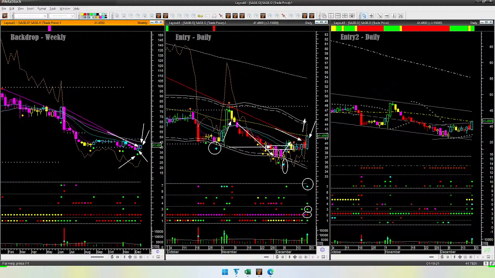SAGE. In alternate signals, we have Bongo Green, a channel breakout, but the channel breakout is not that important. We already have much more powerful for making bullish decision, the trendline breakout.